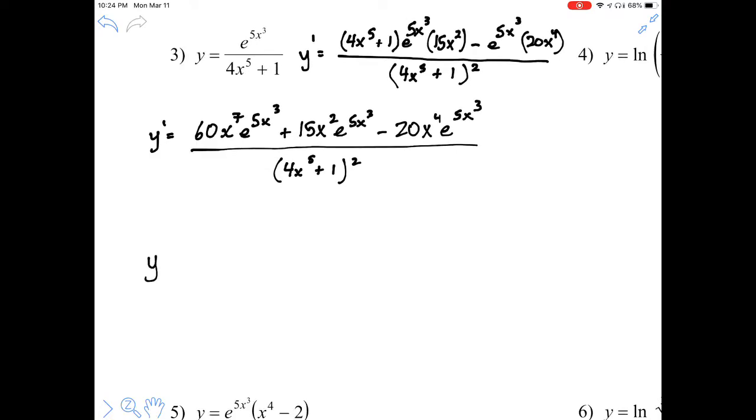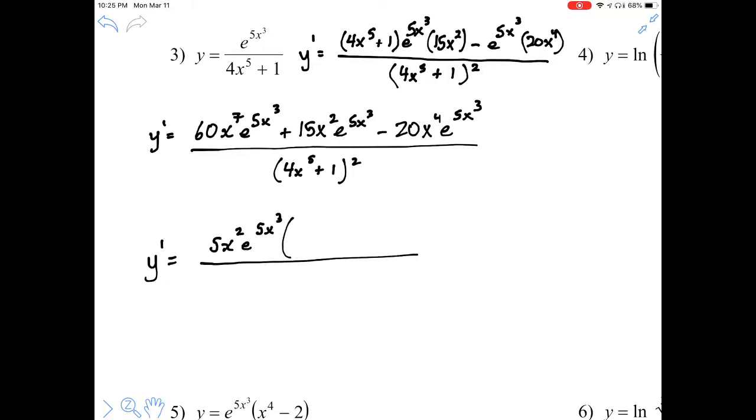If you did want to go one step further in the numerator, if you look at each term in the numerator and figure out what they have in common, you could factor out a 5x squared and then an e to the 5x cubed.